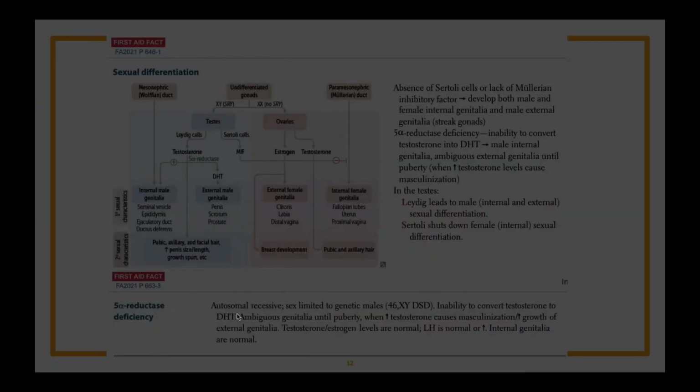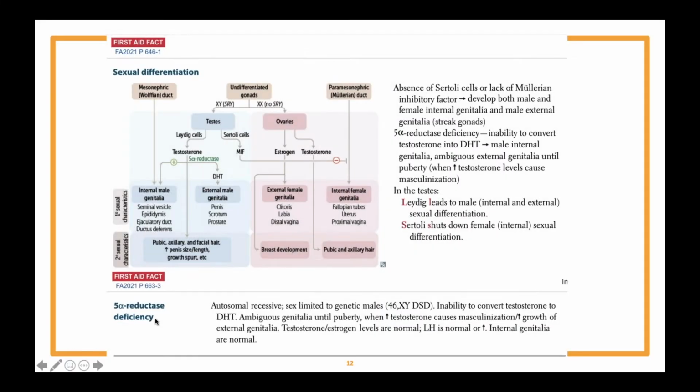At puberty, the rise in testosterone does cause masculinization of the external genitalia, okay? So we know that you won't have DHT and you will have testosterone, so that testosterone to DHT ratio is going to be high. And as you can also see there, the internal genitalia are normal, okay? So as Sean is highlighting, you can see there that our patient has male internal genitalia and ambiguous external genitalia until puberty, when that testosterone increases, okay?